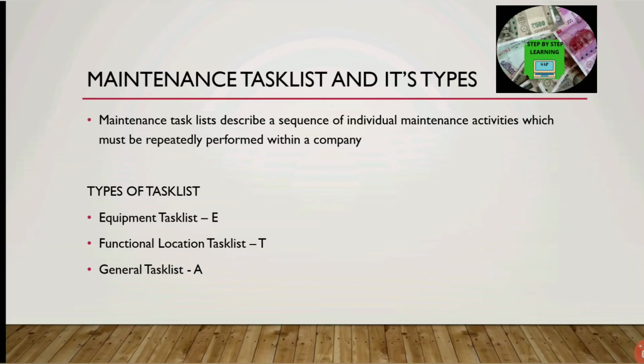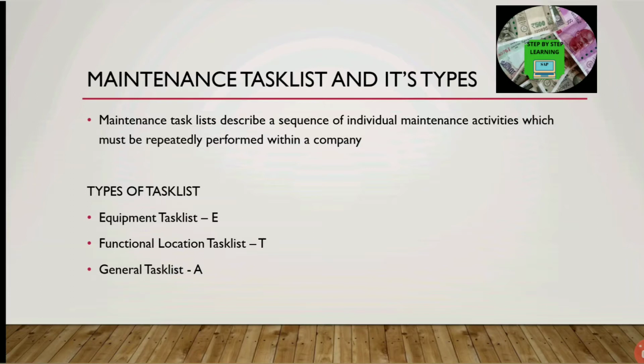That is created as a general task list, and I can link this general task list to that equipment in the maintenance plan. You refer the equipment in the maintenance plan and assign this task list.